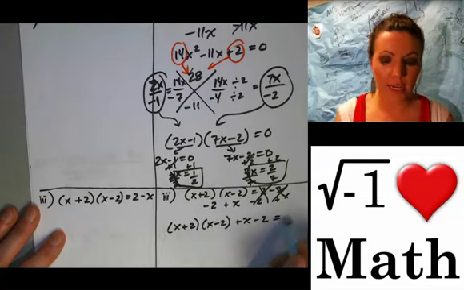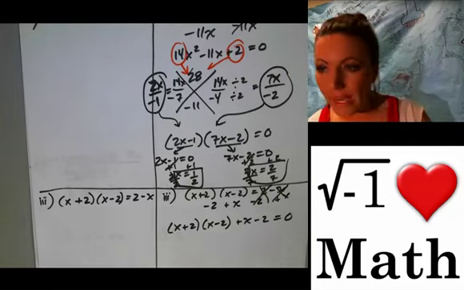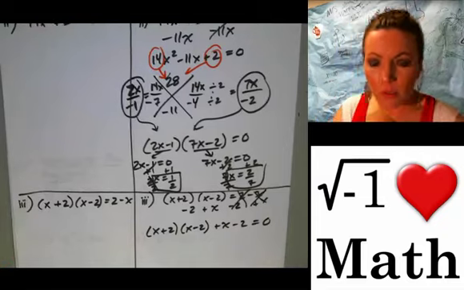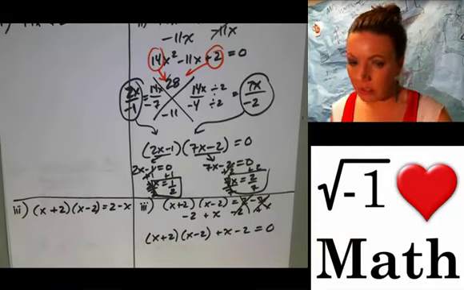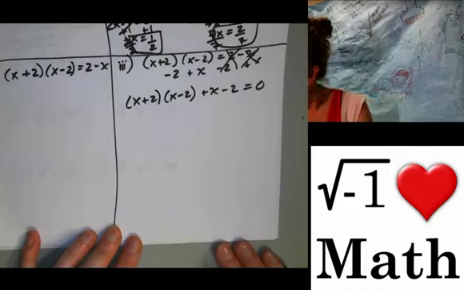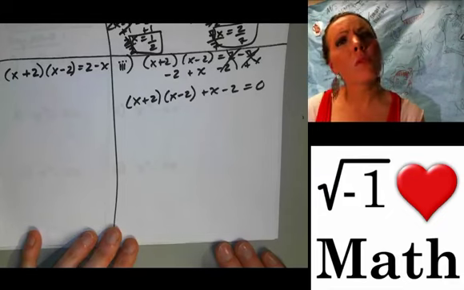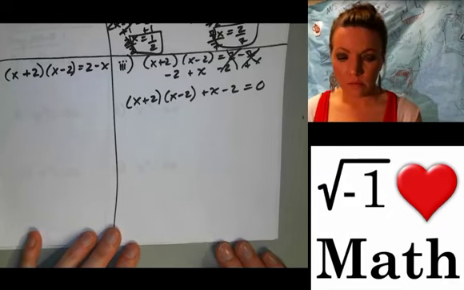Everybody give it up for Sloan. Then what? You can also put that as x plus 2, 2x minus 2. Because you have x minus 2 and... Well, you have 2x minus 2, so.